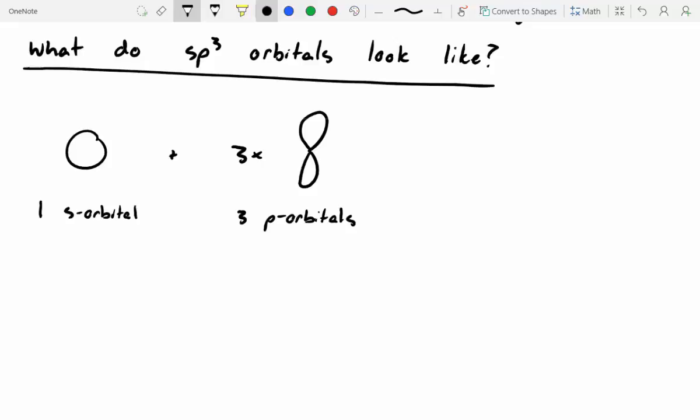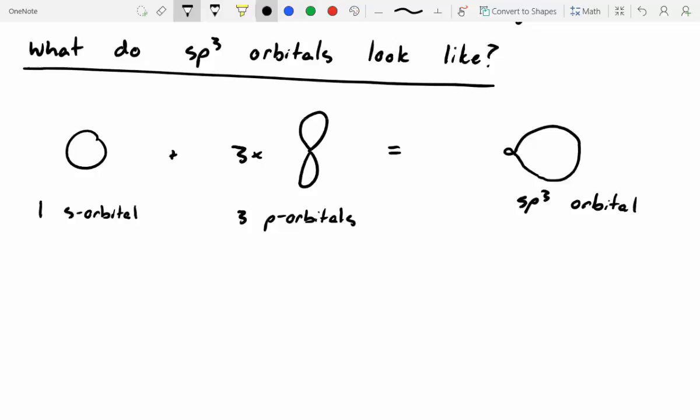So if we take a sphere and mush it with a dumbbell, it becomes a lopsided dumbbell. So let's take a look at this. We've got one lobe that looks a lot like a sphere. It's a little oblong. And then this little tiny nub on the other end. So this will be our sp3 orbital.